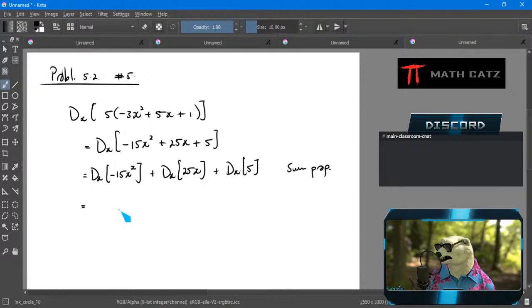Now let's show, I could do multiple ones here. I could say negative 30x. What property or properties did I use? I used multiple properties in doing that. First property that I used was what?